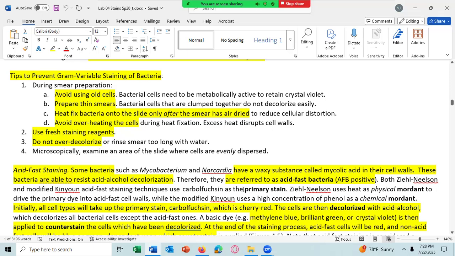And these are referred to as acid-fast positive bacteria. So Mycobacterium are acid-fast positive bacteria. And then most other families, except for Nocardia, are acid-fast negative bacteria. The acid-fast stain will come out of the other cells in the decolorizing step.